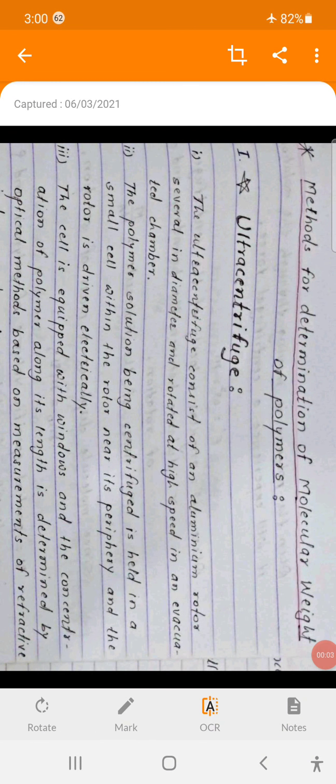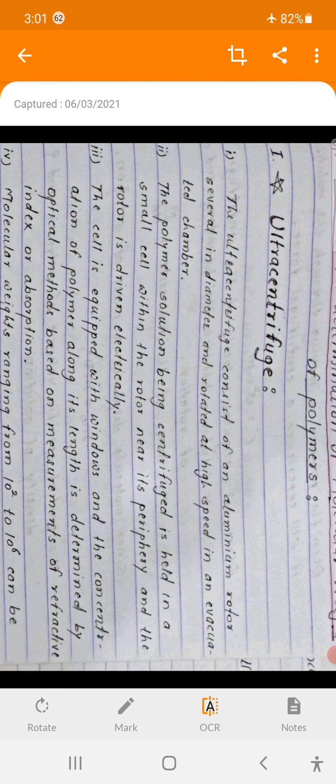Hello. Today we discuss methods for determination of molecular weight of polymers. We already explained that molecular weight is an important property of polymers, and many properties of polymer samples depend on their molecular weight.